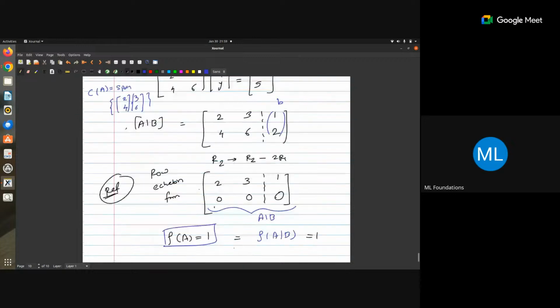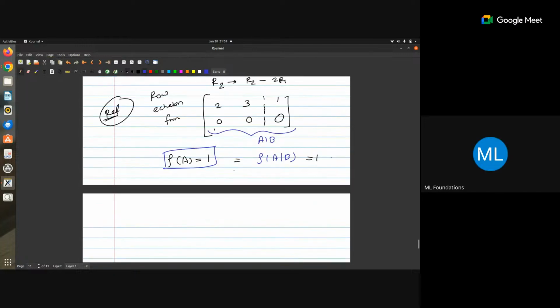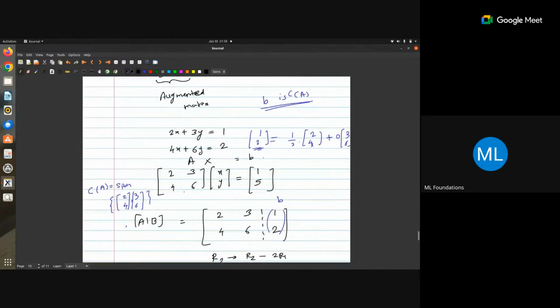Now, how to find the solution? That will be the next part. Alternatively, we can say that we are able to generate 1, 2 from these two vectors. If you are able to generate it, you are finding some linear combination.